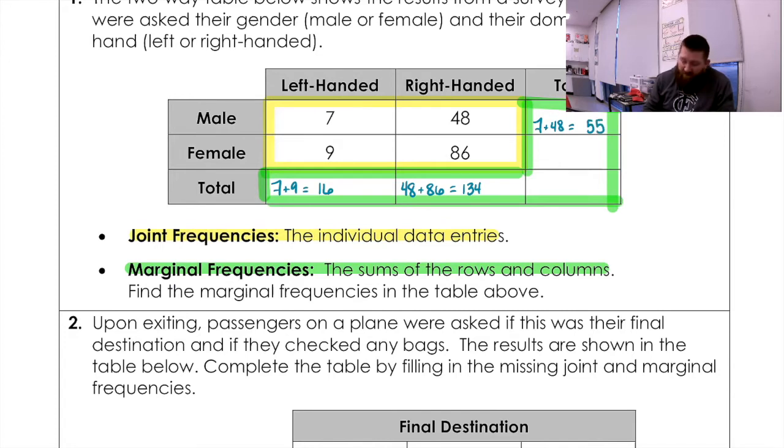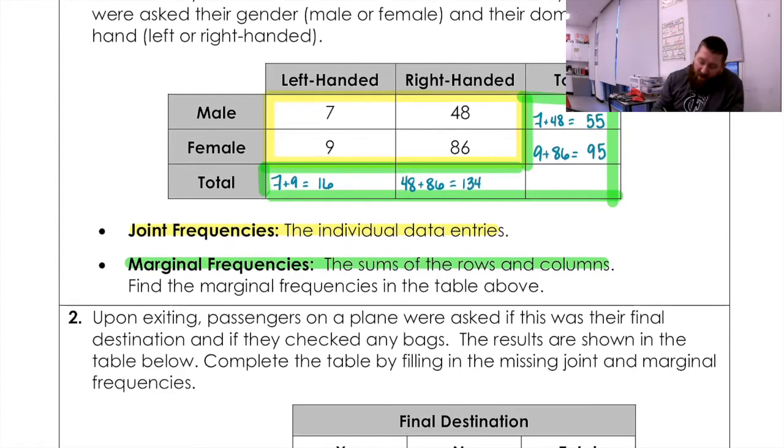And the number of females would be 9 plus 86, which is 95. And then the bottom right corner is going to be the totals of all the individuals surveyed. We add up the whole bottom, the 16 and 134, and then the top, 55 and 95, we get a total of 150 people that were surveyed.